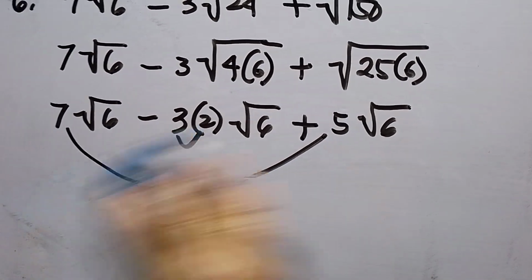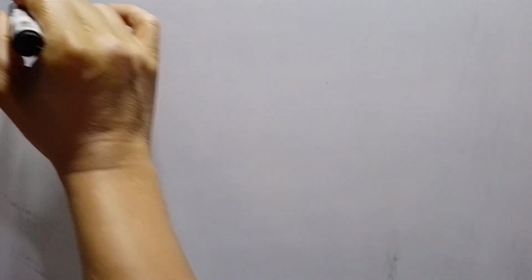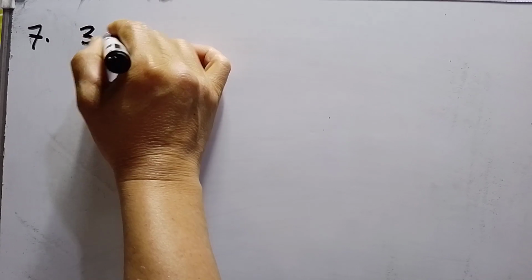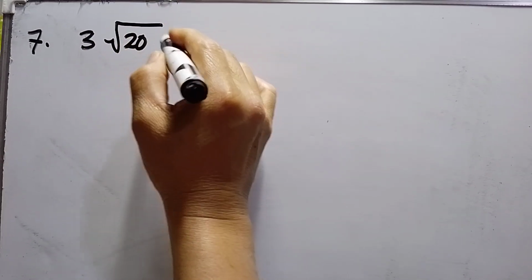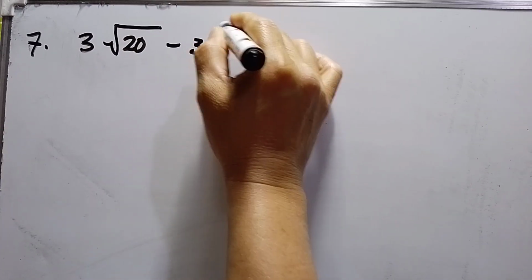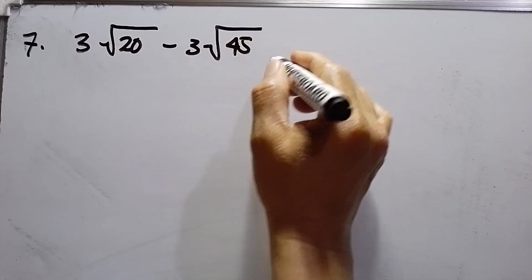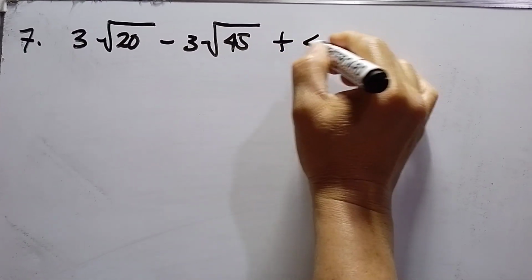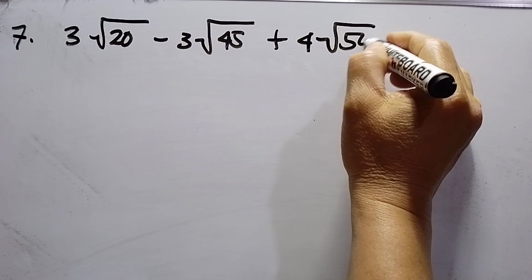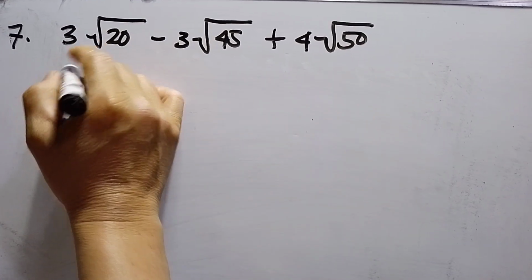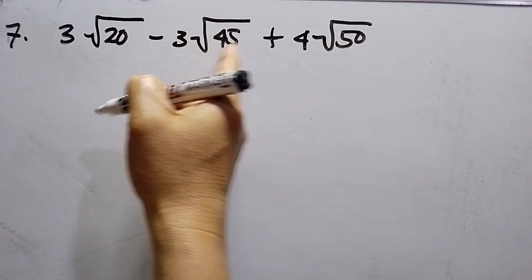12 minus 6 is 6 square root of 6. Now let's go to number 7. Number 7 will be, I think this will be the last number. 3 square root of 20 minus 3 square root of 45. Then plus 4 square root of 50. So I need to factor this one, also 45 and 50.